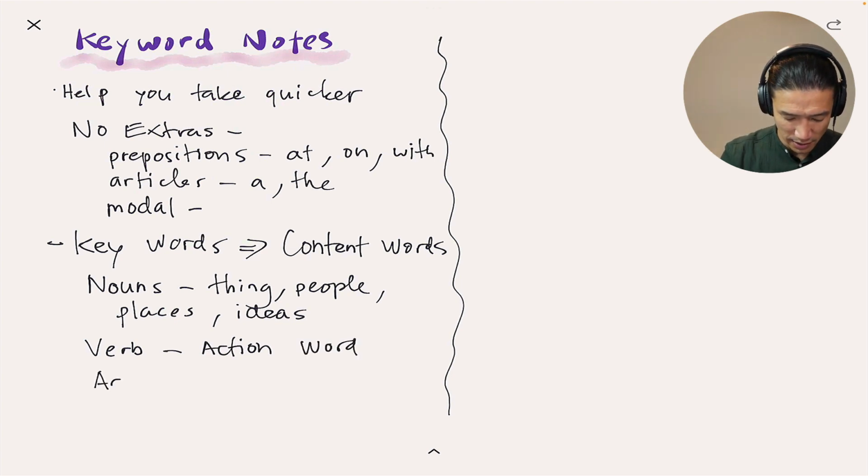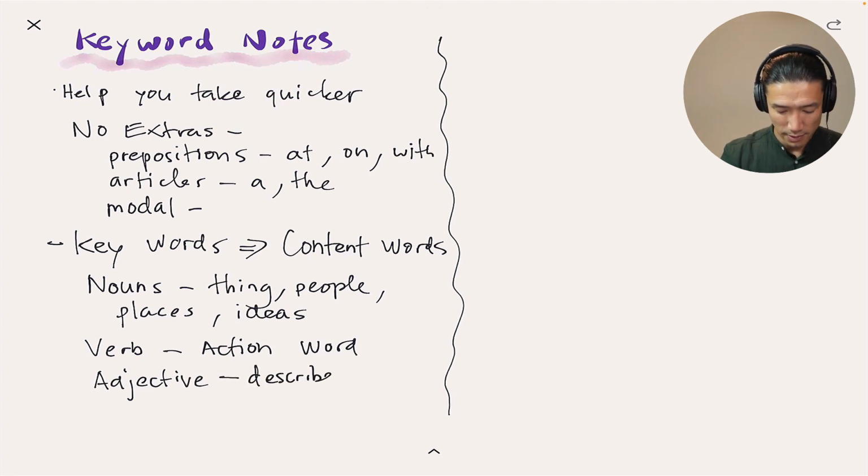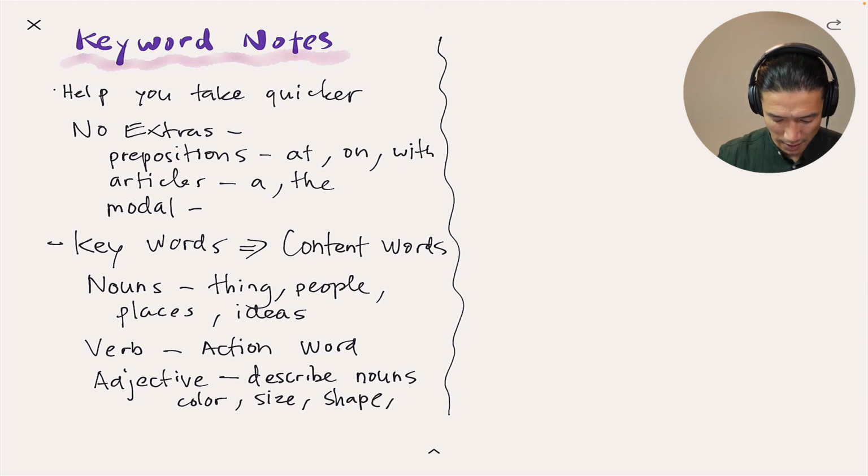We got adjectives, words that describe things. Okay, so words that describe nouns usually, right? Colors, size, shape. Kind of like how something is. Adverbs.